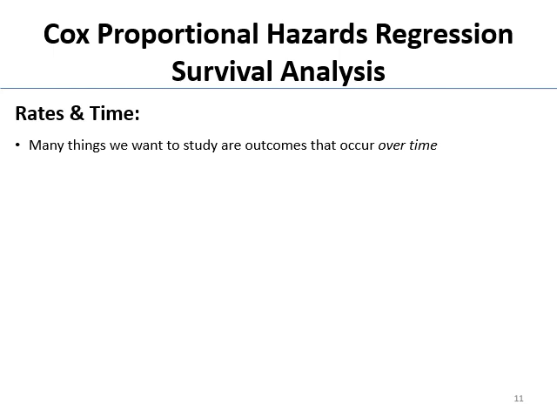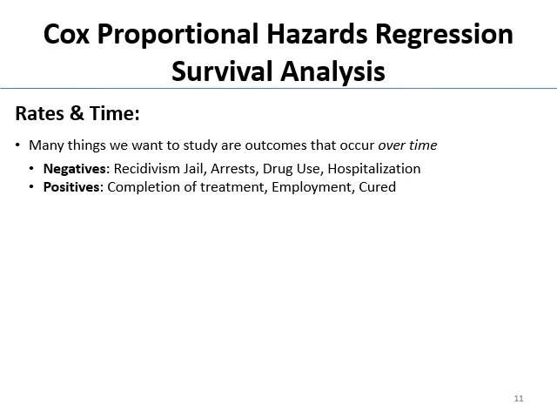So let's talk a little bit more about rates and time. There are many things that we want to study that occur over time. Some negative ones, for example, are recidivism, ending up back in jail, getting rearrested, drug use, and hospitalization. These are all things that occur over time and at different rates for different people. Some positive ones are completion of treatment, finding employment, being cured of a disease. These are also things that occur over time, right?